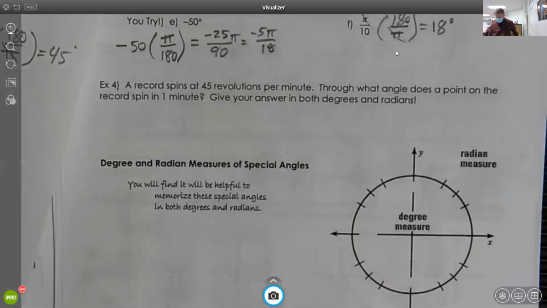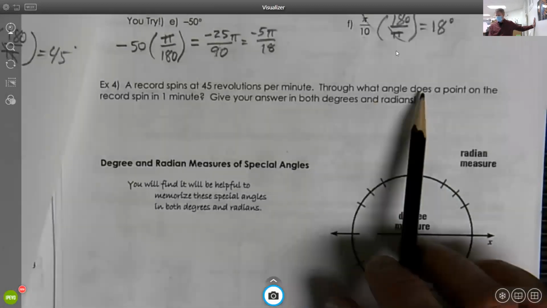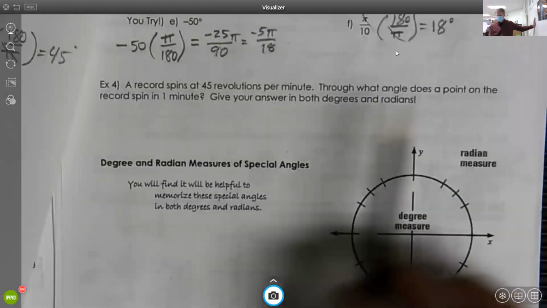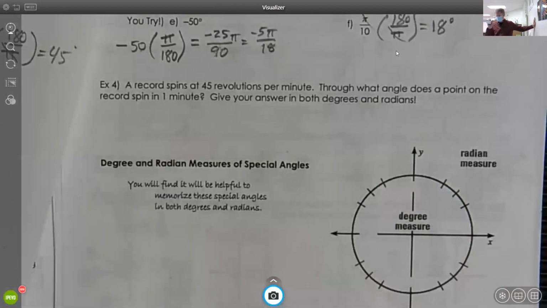So our next example, a record spins at 45 revolutions per minute. Through what angle does a point on the record spin in 1 minute? So that point is going around 45 times in 1 minute.